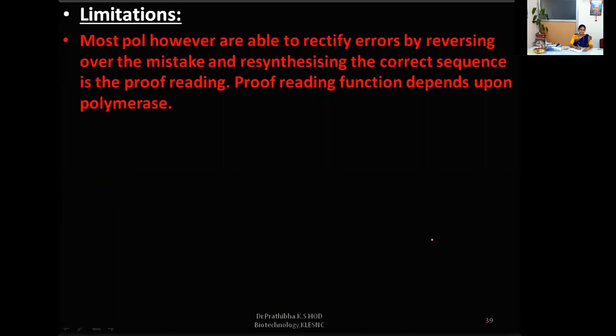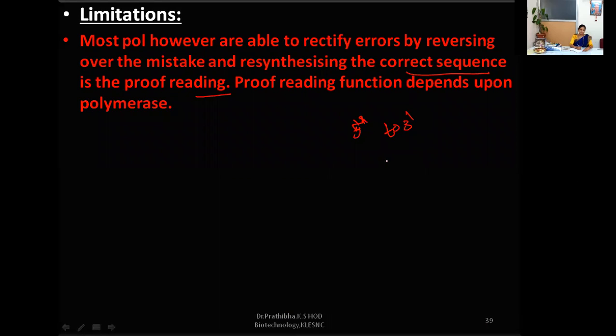Now let us go through the limitations. Most polymerase enzymes are able to rectify errors by reversing over the mistake and resynthesizing the correct sequence with proofreading. Almost all the DNA polymerase enzymes have proofreading. All the DNA polymerases always move from 5 prime to 3 prime.